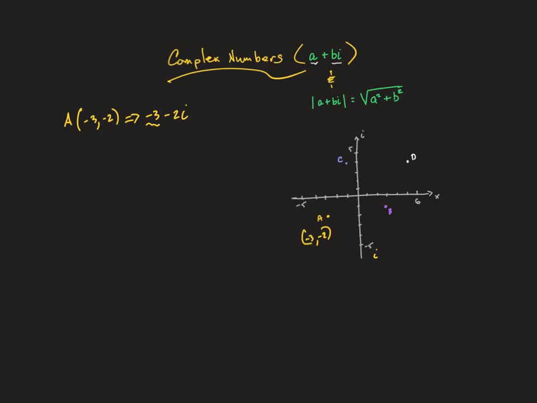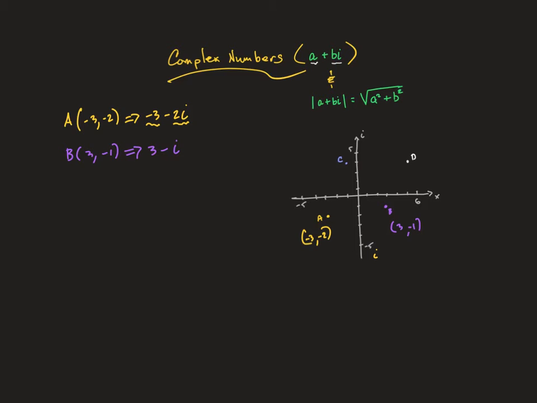Here's my real component. Here is my imaginary component. And I go around and look at B. The coordinate for B is going to be 3, negative 1. So B is 3, negative 1, which is going to be my real number 3 minus 1i. So there is my complex number.